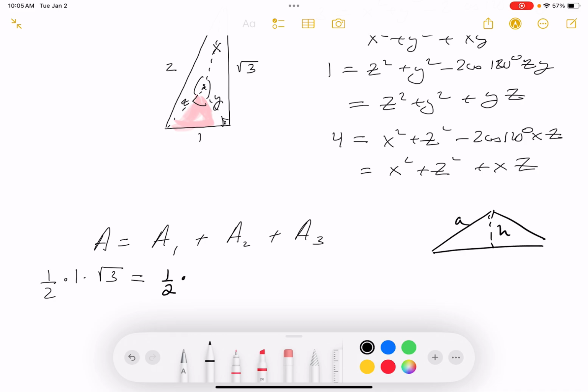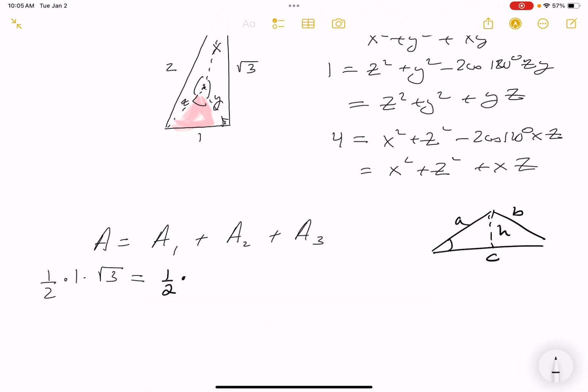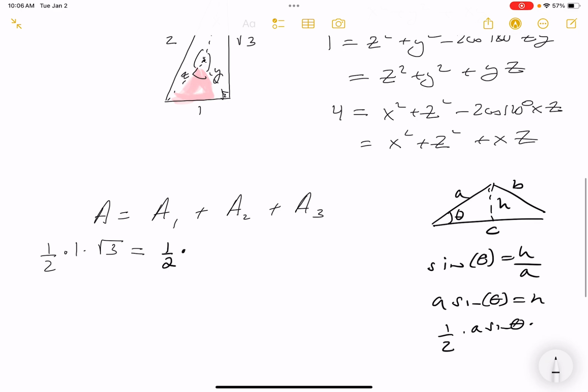This is H, A, B, and C, right? So what do you get over there? This is going to be the sine of that angle, by the way. I'll just call it theta. It's going to be H over A. So A sine theta would equal H. And the area would be 1/2 times the A sine theta times the base of it, which would be C. So I think I can do that.